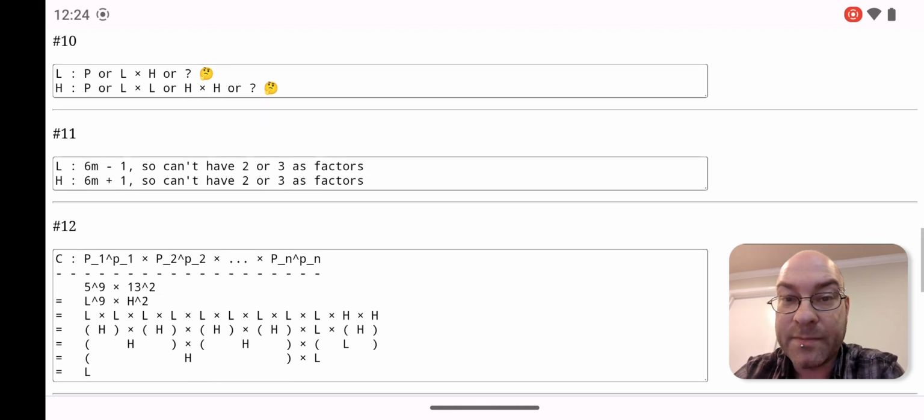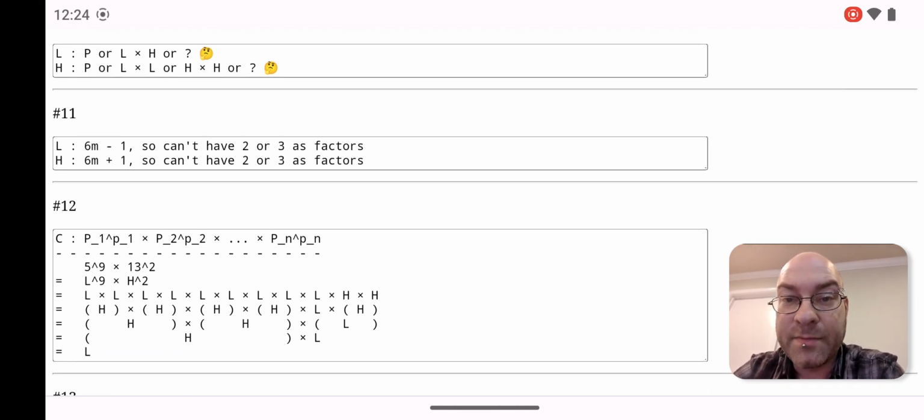Well, what can we do about an example here? One example might be 5 to the power of 9 times 13 to the power of 2. Well, 5 is a low and 13 is a high, so I've typed that in here. And if we expand all that out, we've got 9 low factors, low by low by low, by low by low by low, by low by low by low, and then we've got 2 H's, high by high.